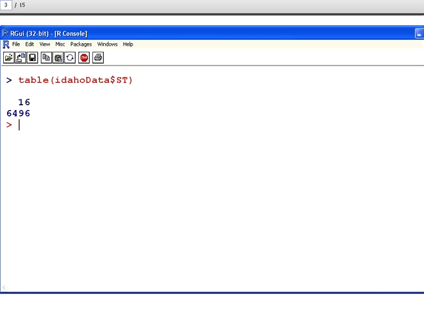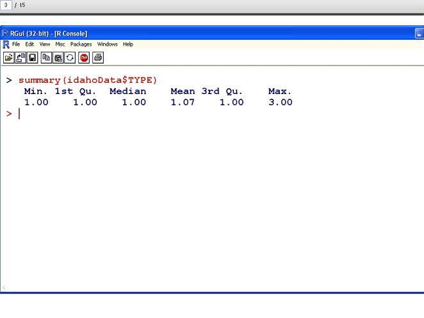Let's get a summary of it, and a table: one, two, and three. Now, if we were to read the code book later on, we'd see that one refers to housing units, and two and three refer to other things like factory units or commercial units. So it's the value one that we are specifically interested in.